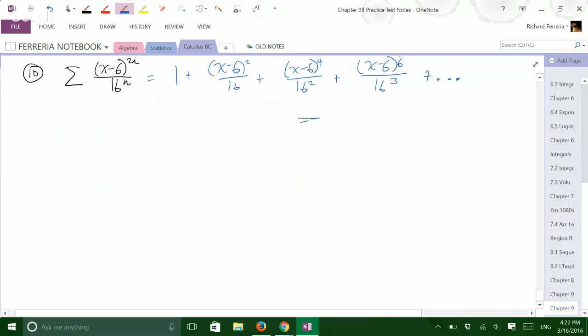That also is convergence. So all we have to do here is look for the ratio. Geometric. So the absolute value of the ratio should be less than 1. The absolute value of x minus 6 squared over 16 should be less than 1.